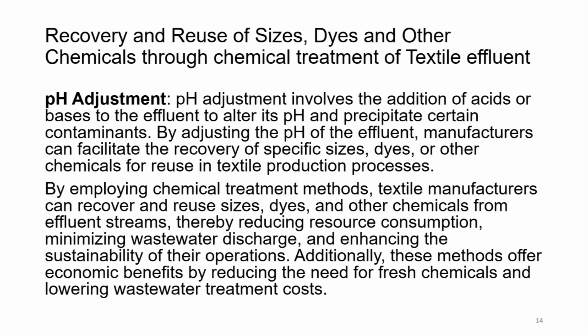Additionally, these methods offer economic benefit by reducing the need for fresh chemicals and lowering wastewater treatment cost. So, the whole genesis of looking at recovery and reuse is from the point of view of lowering the cost, lowering the usage of fresh chemicals.